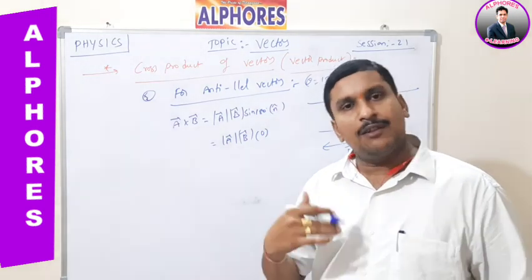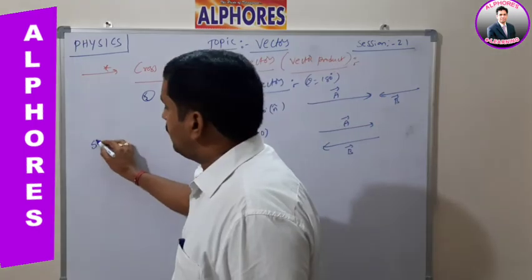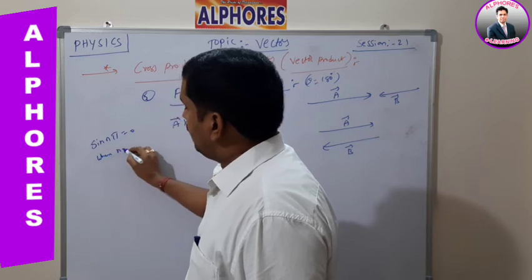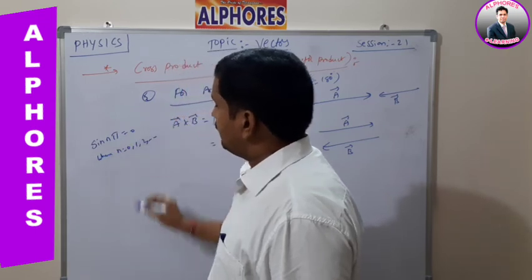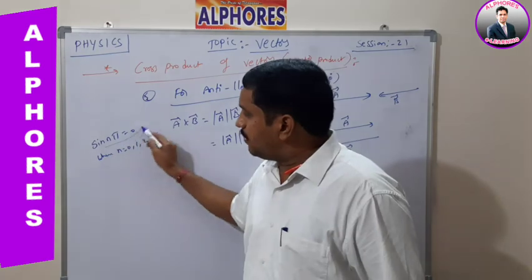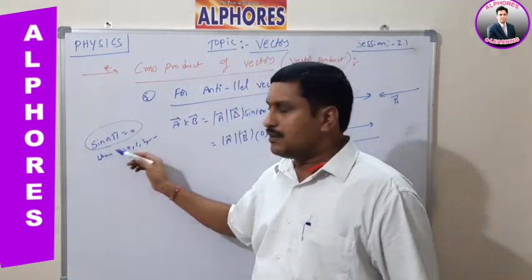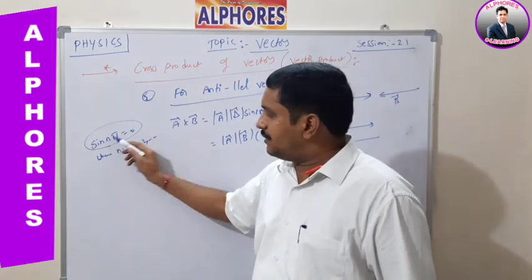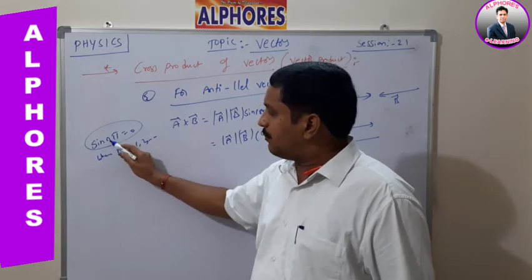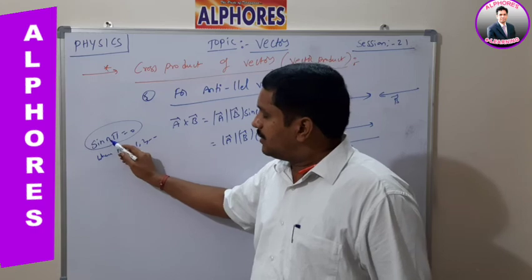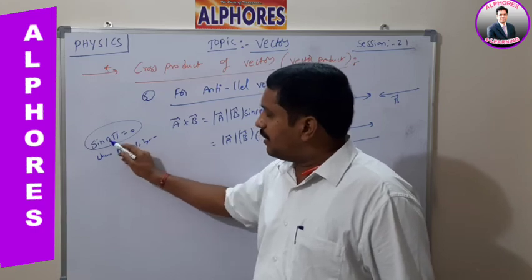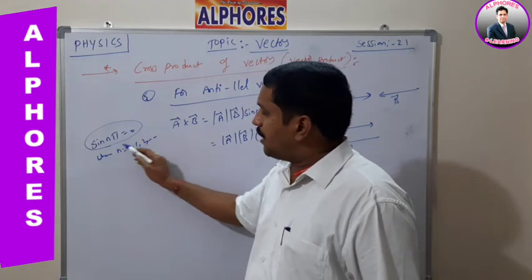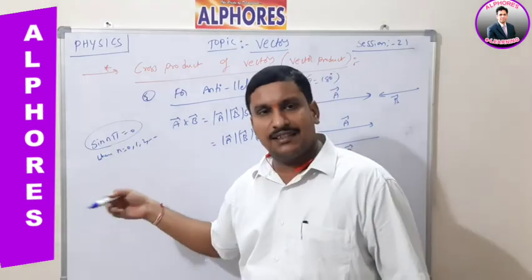Sin 180 is 0; sin of an integral multiple of pi, sin n pi, is 0, where n is equal to 0, 1, 2, 3 and so on. If n is 0, sin 0 is 0. If n is 1, sin pi, that is sin 180, is 0. If n is 2, sin 2 pi, that is sin 360, is also 0.